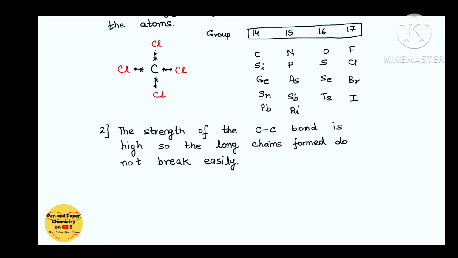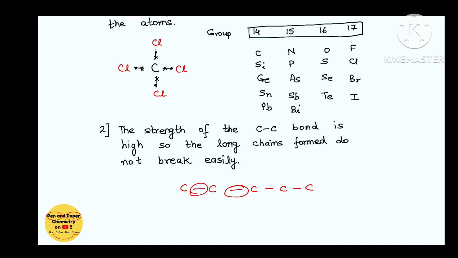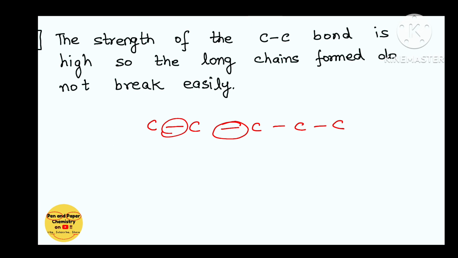When carbon is forming long chains, these bonds do not easily break down. It is not easy to break down these bonds. The strength of the bond between the two carbon atoms is just right enough to hold the long chains in place.